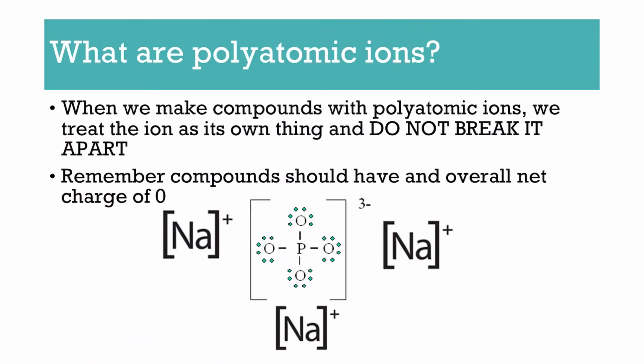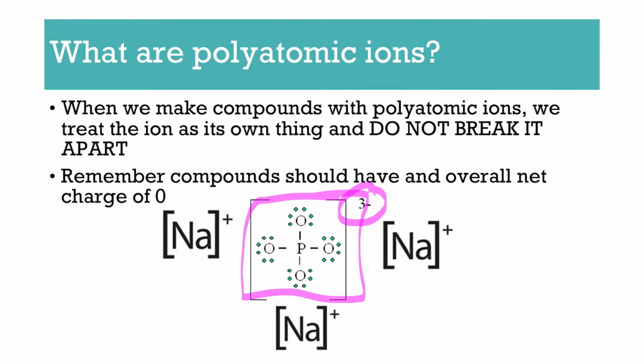So when we're dealing with polyatomic ions, you have to treat them as their own thing. So think of it like Legos glued together. It's obviously made of different pieces, but those glued Legos, you're not separating them. They travel as a unit. So here we have, this is phosphate, and it has that -3 charge. So on its own, not okay.